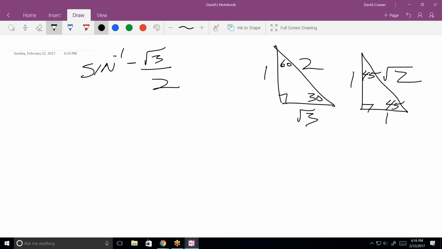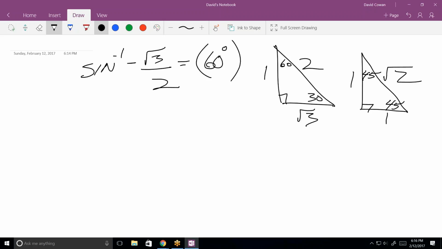Sorry, 60 degrees. The sine of 30 would be 1/2. The sine of 60 is root 3 over 2. So we're looking at a 60-degree angle. I'm going to put it in parentheses because that isn't necessarily the answer. This tells you the angle.